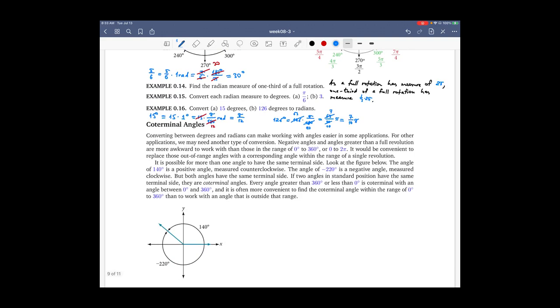All right. Now we need to introduce the idea of coterminal angles. What is this? In many applications, it will be convenient for us to always work with angles measuring in degrees anywhere between 0 and 360. Although, of course, angles could be negative, or they could be positive and greater than 360.